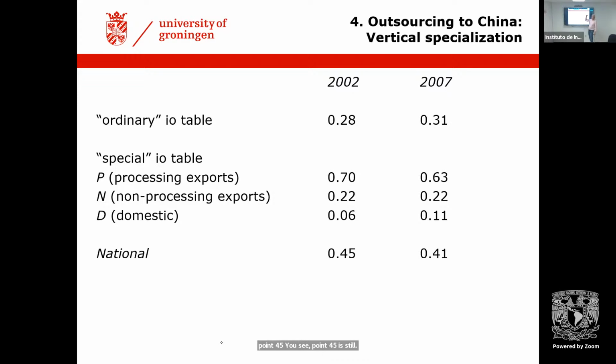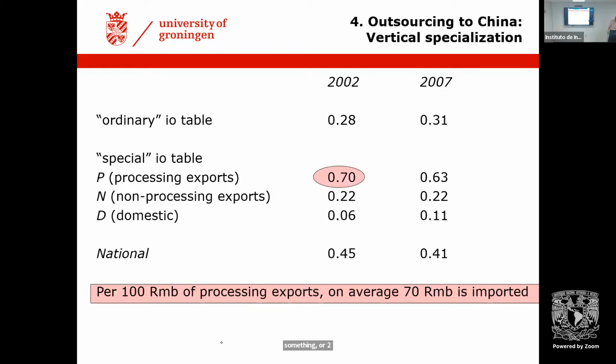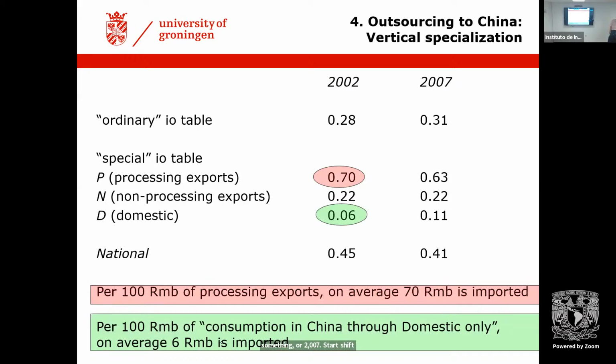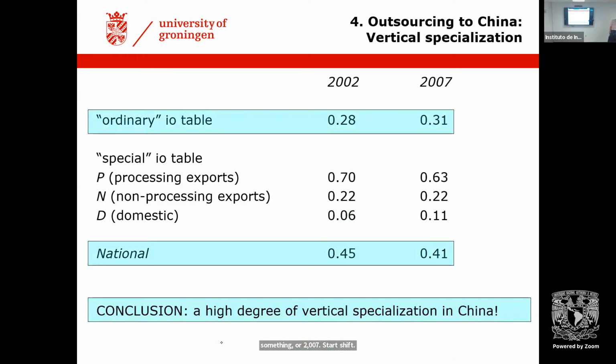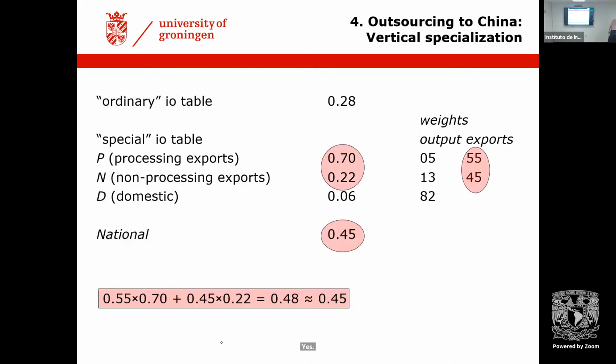And you see 0.45 is still quite large. We have Denmark and the Netherlands at 0.35. Now 0.45 is seriously large and certainly much larger than the 0.20. And you see something similar for 2007. We have the high degree of vertical specialization that we expected.